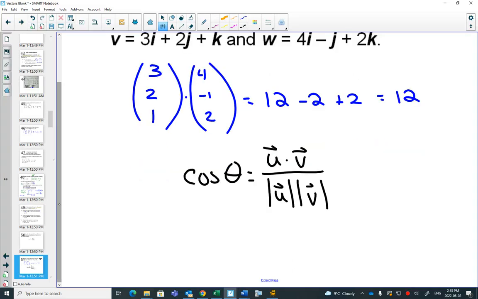So we already figured out that u dot v was 12. What's the length of u? 9 plus 4 plus 1, square root of 14. What's the length of w in this case? 16 plus 1 plus 4, 21.